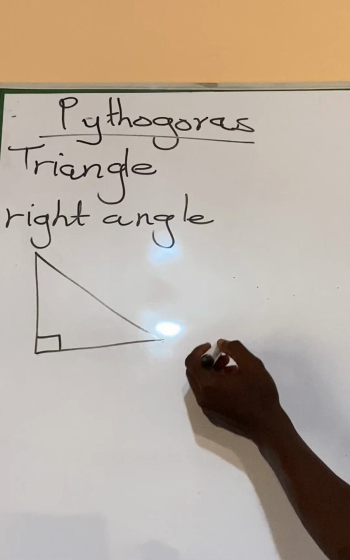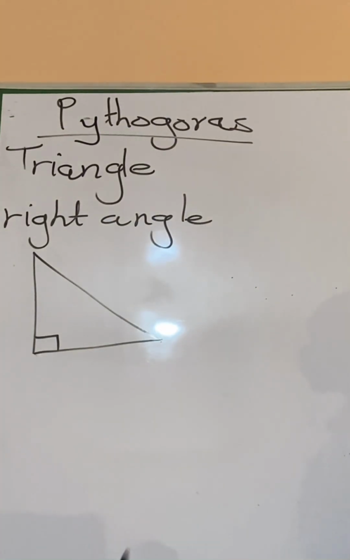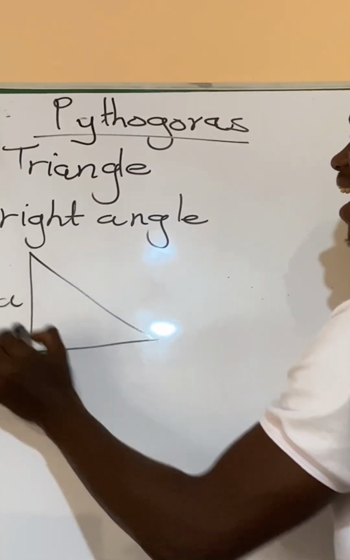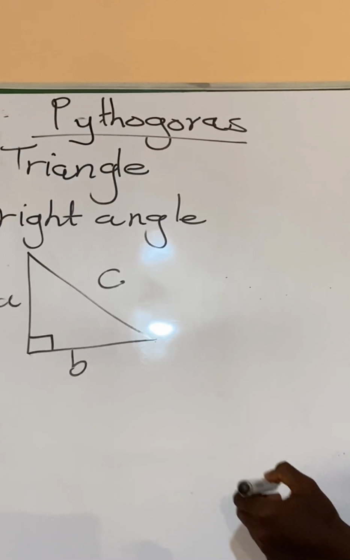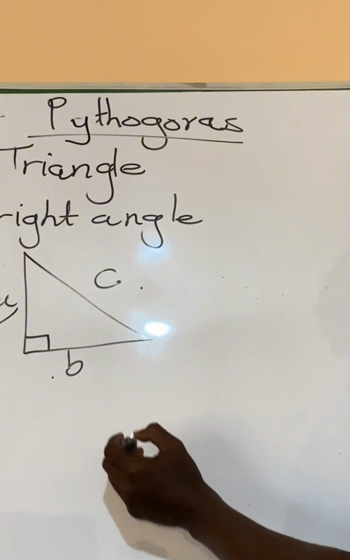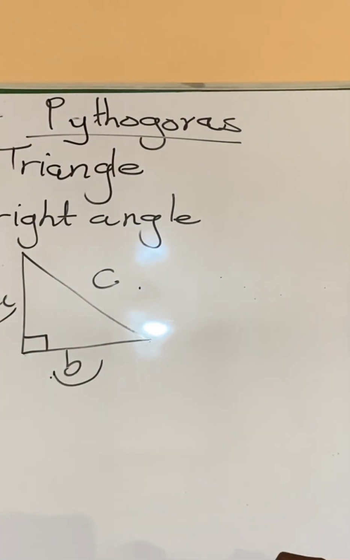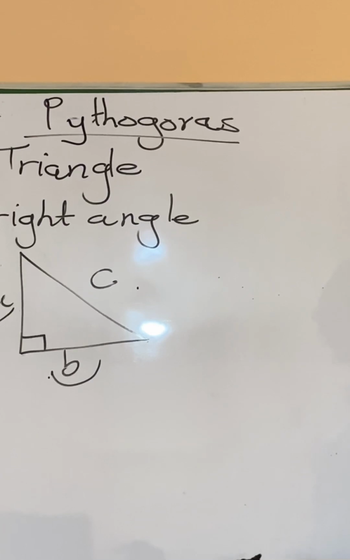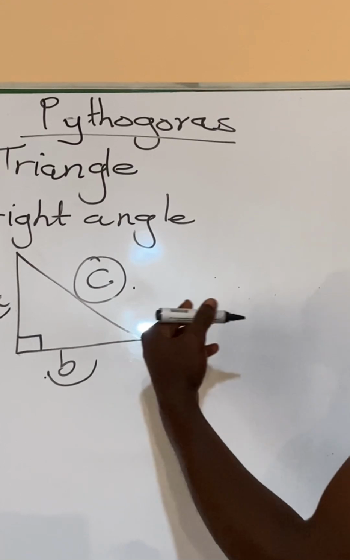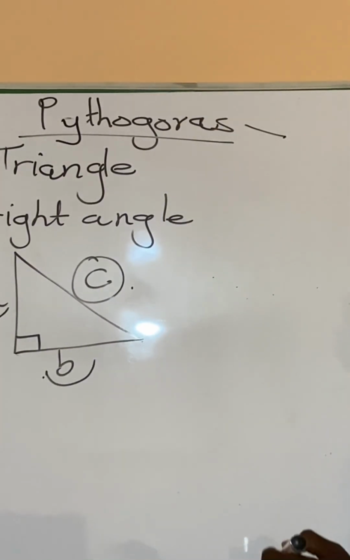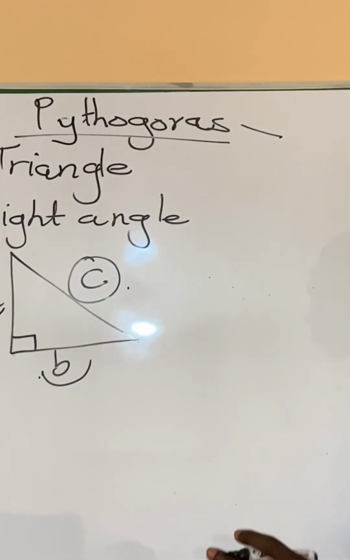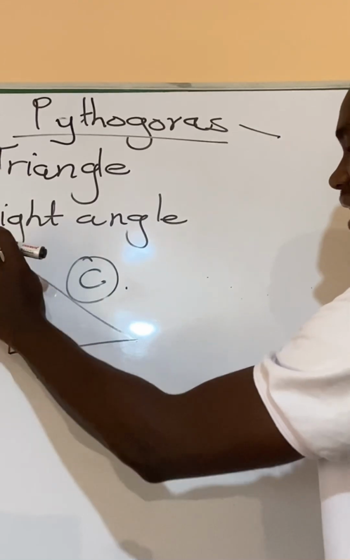Now with right-angled triangles and in Pythagoras theorem, we are using Pythagoras theorem to find the sides of this triangle, where we have A, B, and then C. A can be given to us, and B can also be given to us. So with A and B given to us, we can find C using the methods of Pythagoras theorem. So we are going to use Pythagoras theorem to find sides of a right-angled triangle. Mind you, it only works with right-angled triangles.